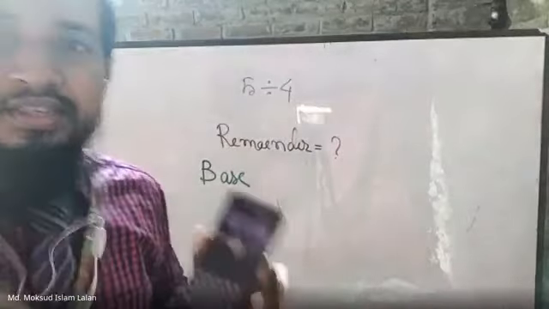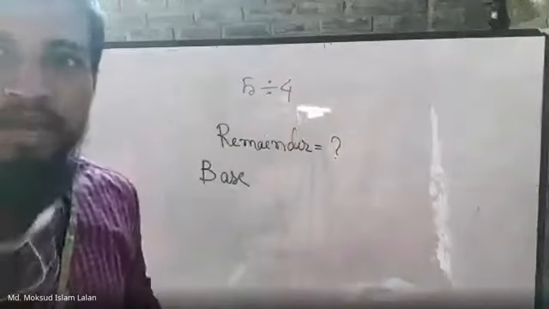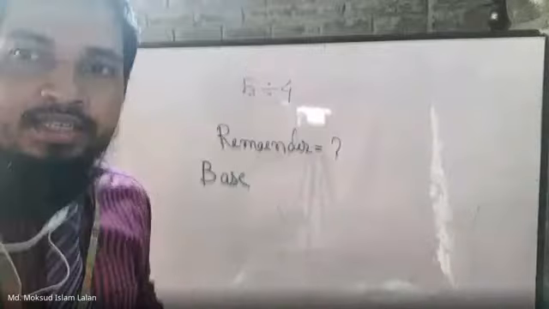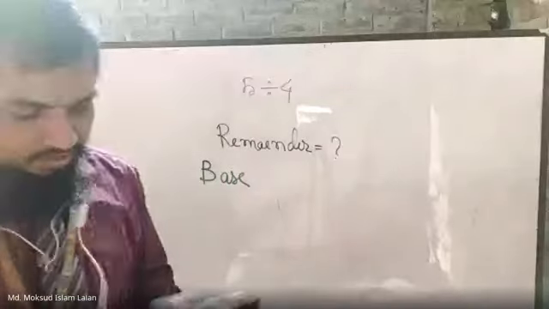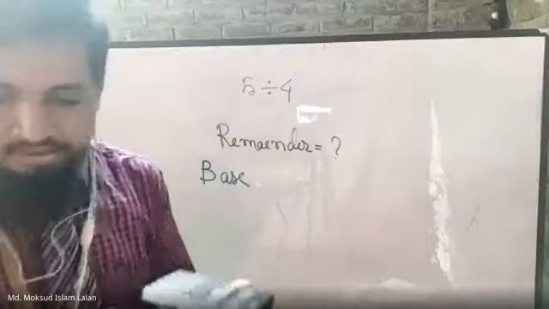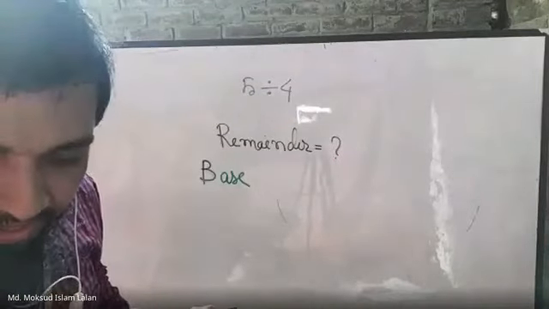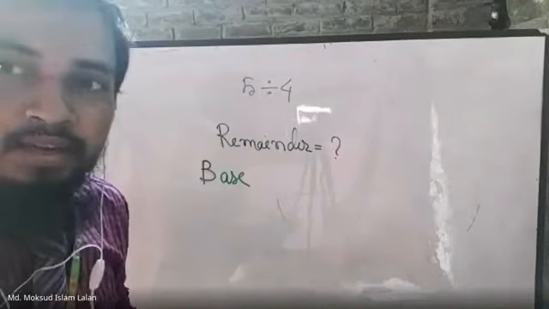Have you done it? Done, sir. Base, then press 3. You can convert binary, hexadecimal, or something like this. Please convert your calculator mode into base. Then decimal.